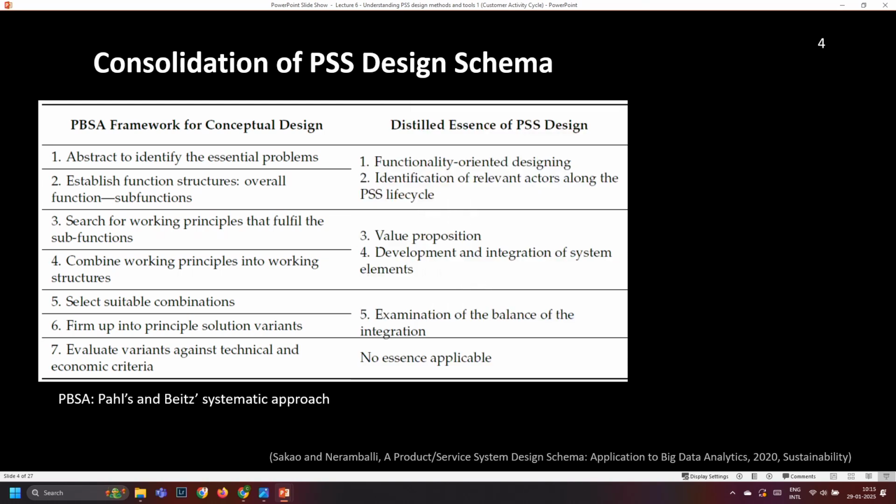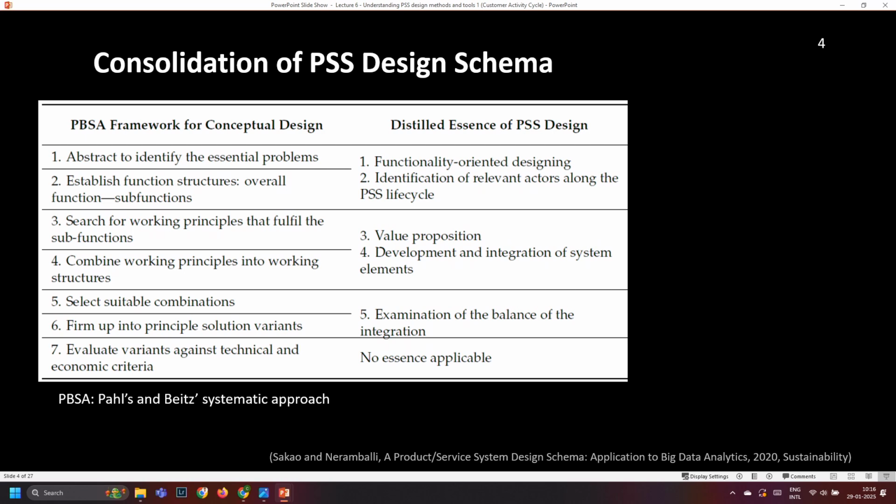So our team has done a comprehensive literature review on PSS design. We have managed to distill the essence of PSS design, not only from our group, but also mainly from other groups, I would say. We are one of the groups. And so you are now seeing in the middle the 5 distilled essences.